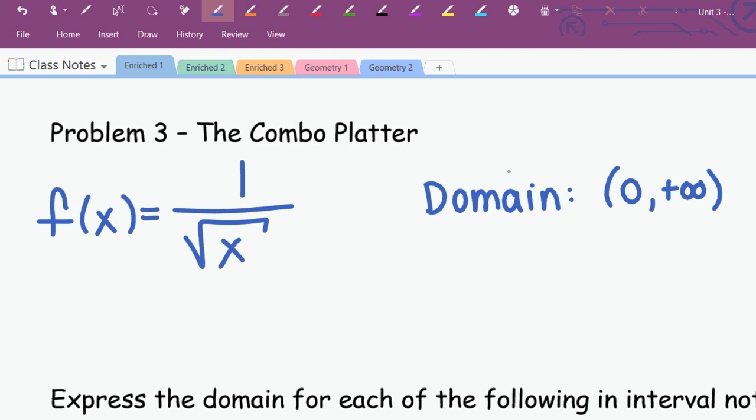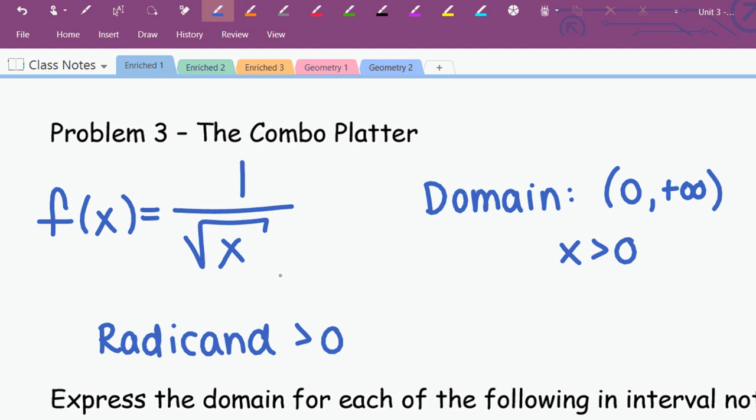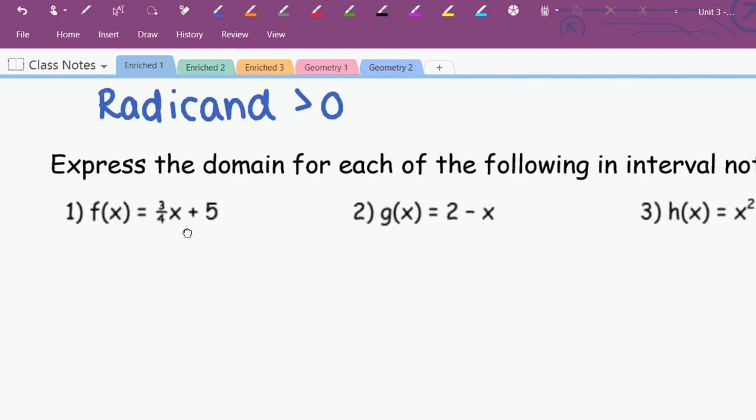The denominator. So if this is x, you could say your domain is also just x is greater than 0. In this case, I would set my radicand to be greater than 0. Not equal to, because if it's equal to 0, you get out 0, and then that number is going to go through and cause an undefined fraction.